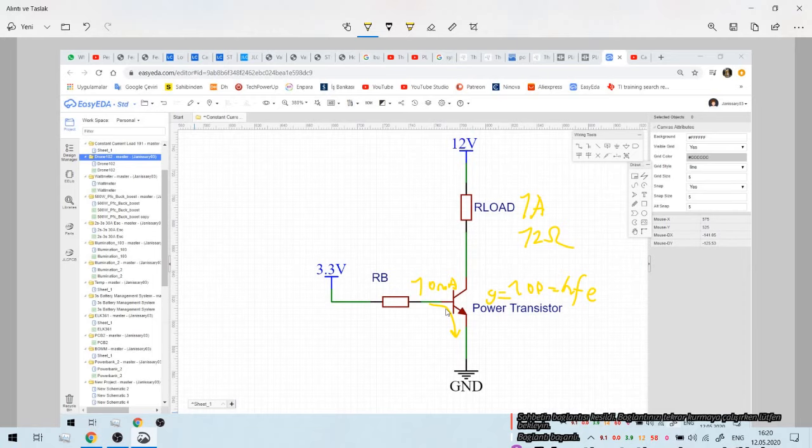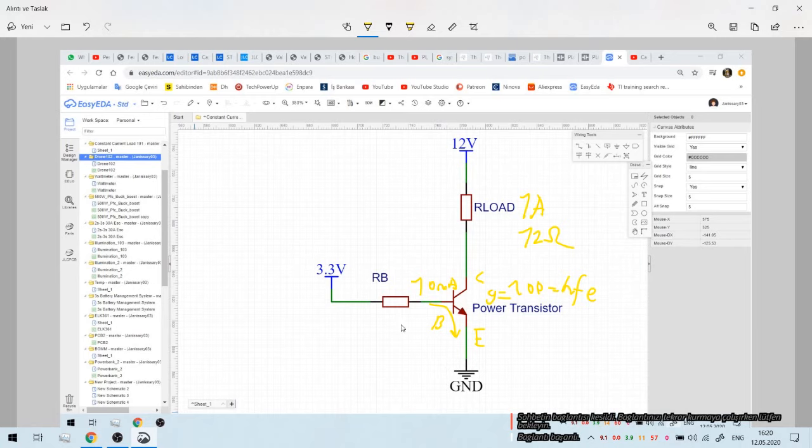We are using a little current to control much higher current, like 1 amp. We are using only 10 milliamp and we are flowing 1 amp from collector to emitter. Yes, base, collector and emitter.